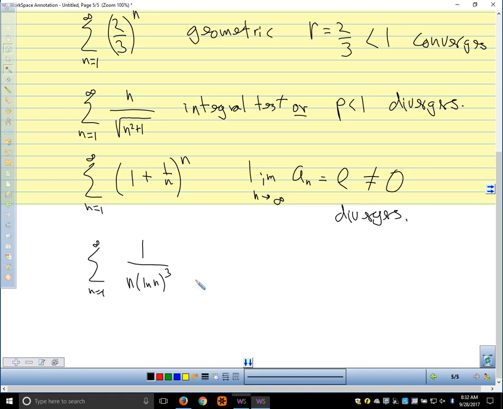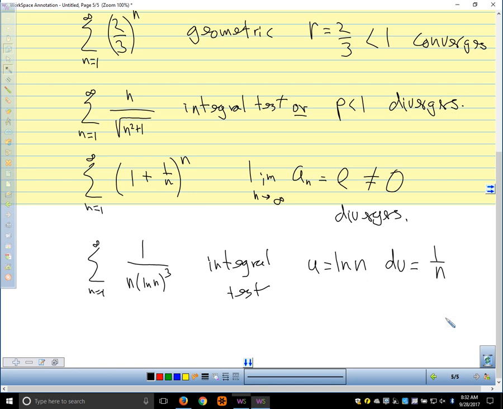Sam says integral test. u equals ln n, du equals 1 over n. Couldn't you also do a P series because it's a function and its derivative? Because you got ln and the derivative of ln is 1 over n.